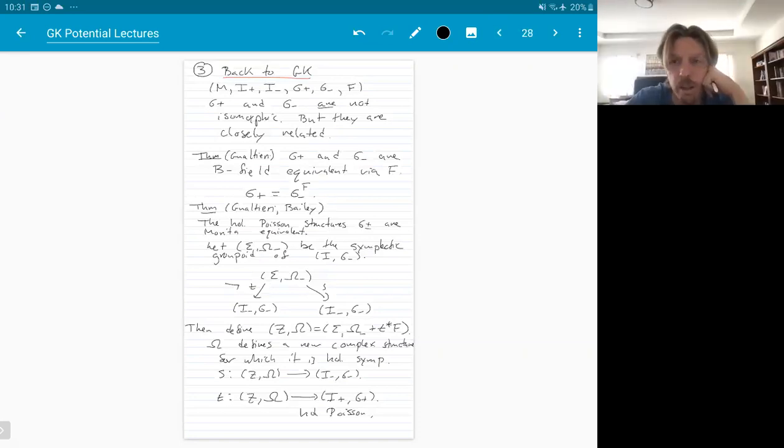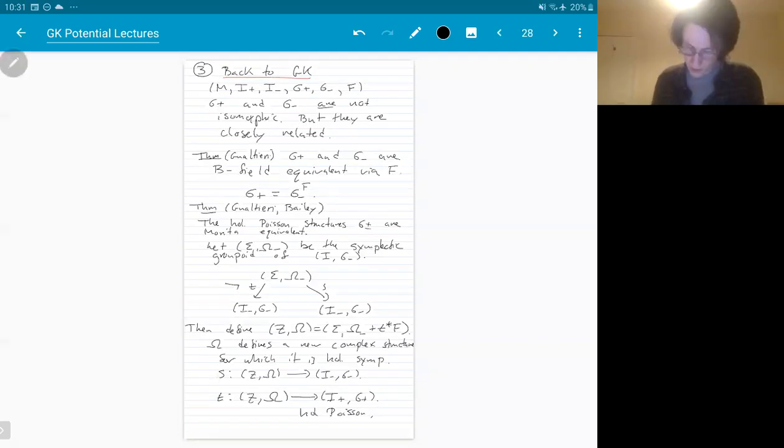And you said only T is holomorphic. S is not. S is holomorphic. So initially we had S and T going from this space to M with I minus and sigma minus, and S and T were both holomorphic. Oh, okay. Then we modify by adding on the pullback of F, so we get this Z omega. Now S is still holomorphic Poisson as a map to I minus sigma minus. But T is no longer holomorphic Poisson as a map to I minus sigma minus.